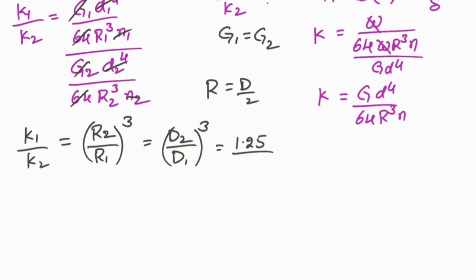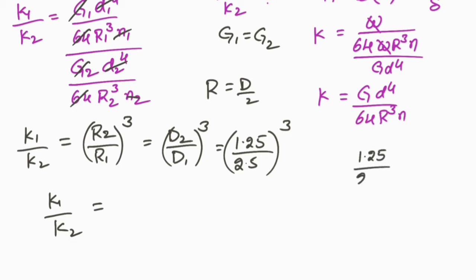Therefore K1 by K2 equals 1.25 divided by 2.5 whole cube. 1.25 divided by 2.5 is 1 by 2, so it is 1 by 2 whole cube, which equals 1 by 8. So the answer is 1 by 8.